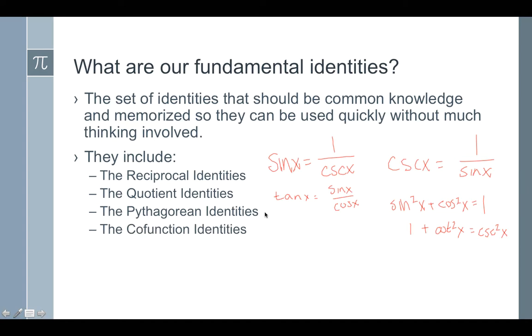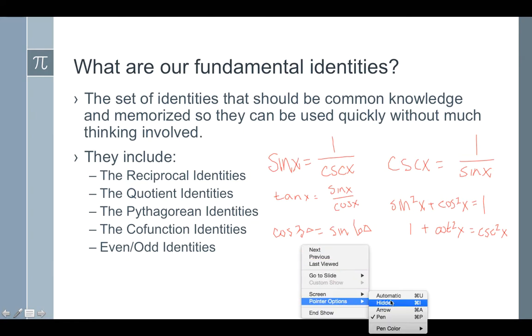The cofunction identities are ones that we need to know. They're basically saying that if you find the sine and cosine of complementary angles, they are the same number. Basically saying that the cosine of 30 is equal to the sine of 60. And the last one is our even and odd identities.